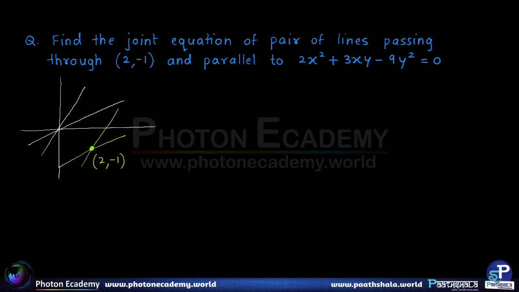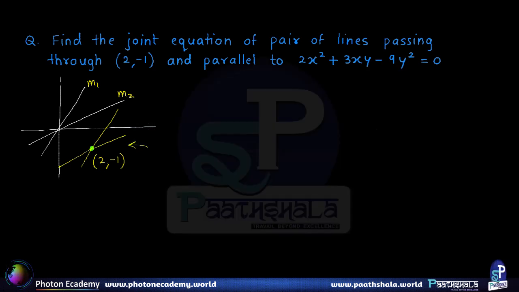So what is the equation of this new pair of lines? Now from the given data it is clear that if we know the slopes of the two lines in the given pair, the same slopes will be of the required pair of lines also, right? So therefore let us simplify this given equation. Now we can see that we can easily factorize that because the product is minus 18 and sum is plus 3, so clearly it is plus 6 minus 9.